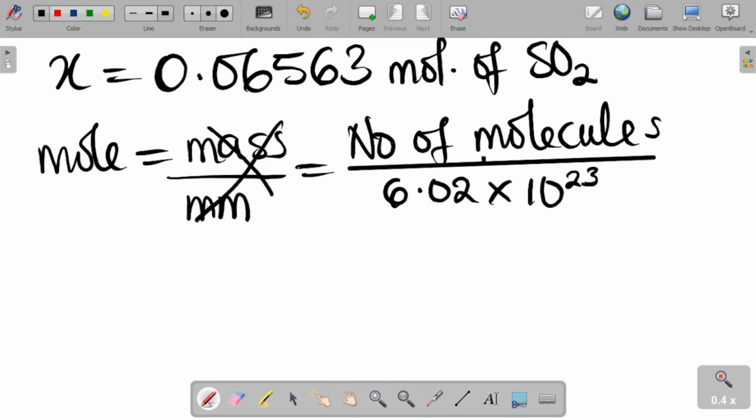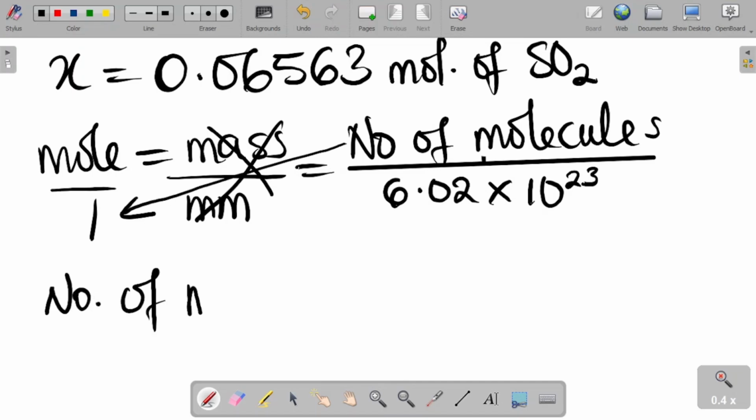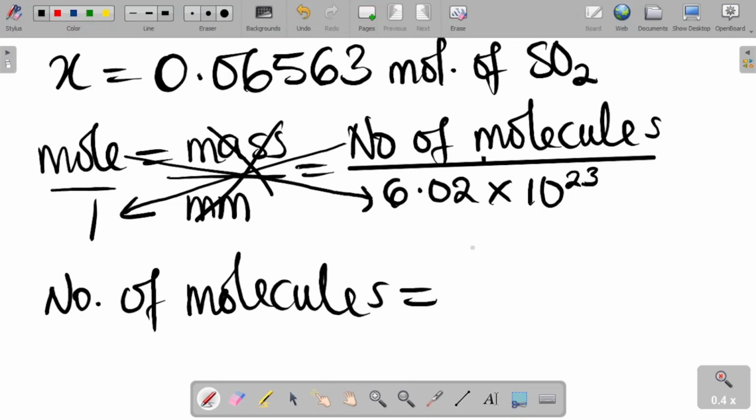So if I ignore this, we can see that this is all over 1. If I ignore this, it becomes number of molecules times 1. That becomes that the number of molecules will be equal to the number of moles times 6.02 times 10 to the power 23.